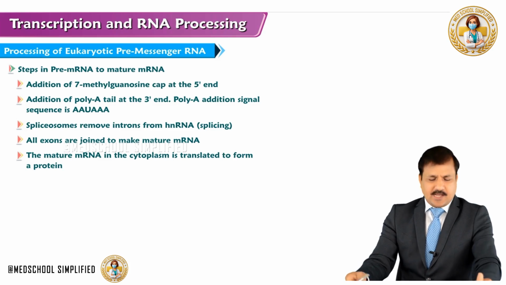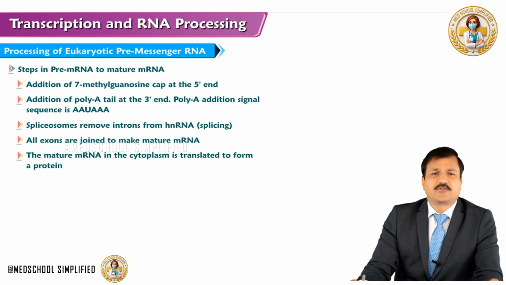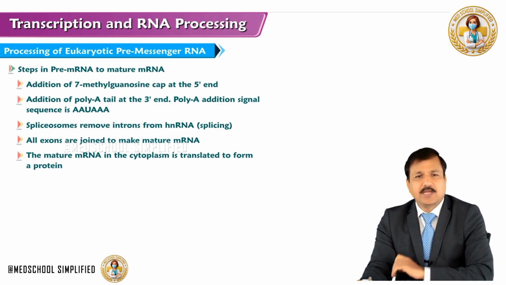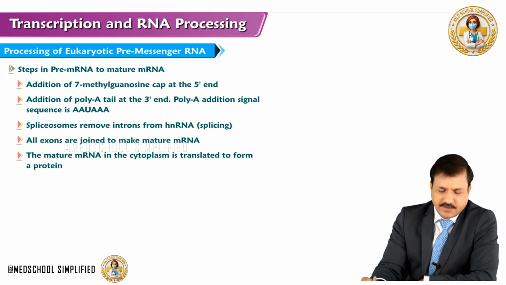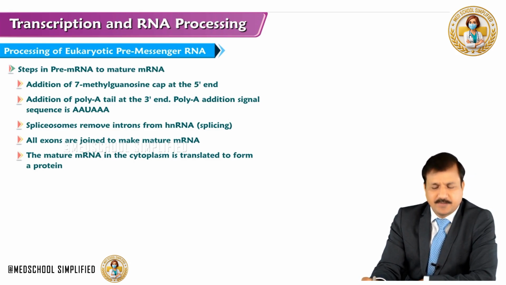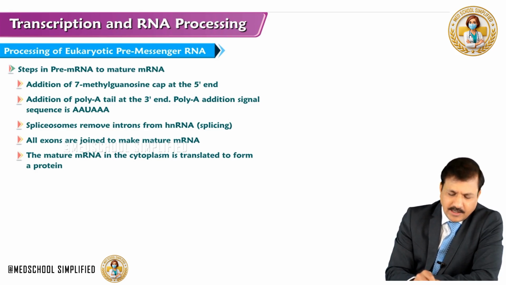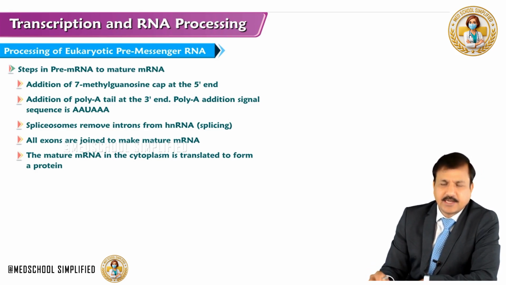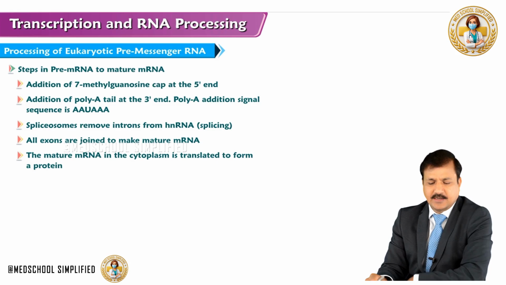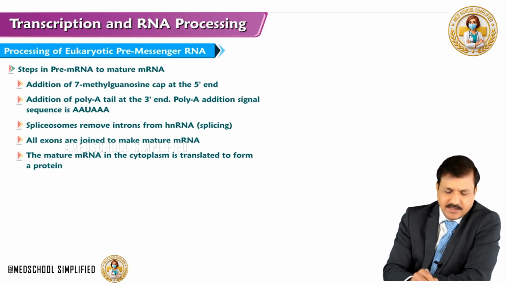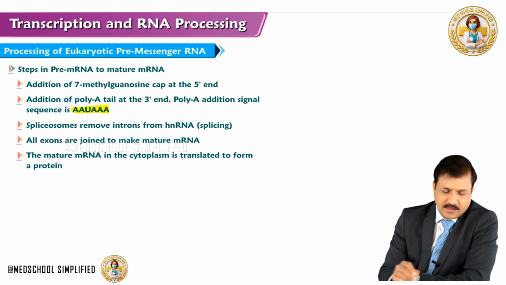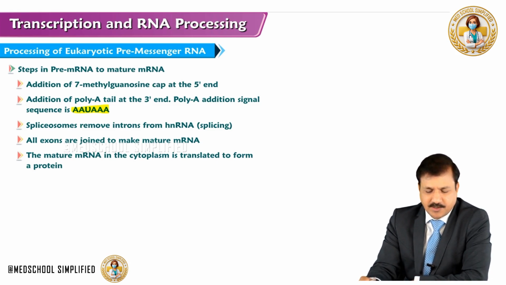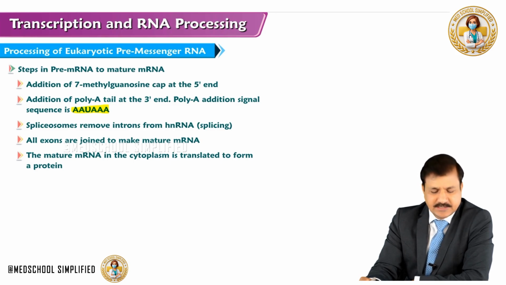So let's recap the processing of eukaryotic pre-messenger RNA. The steps in pre-mRNA conversion to mature mRNA are addition of the 7-methyl-guanosine cap at the 5' end, addition of the poly-A tail at the 3' end, where the poly-A addition signal sequence is AAUAAA, and the spliceosome removes introns from hnRNA, which is referred to as splicing.